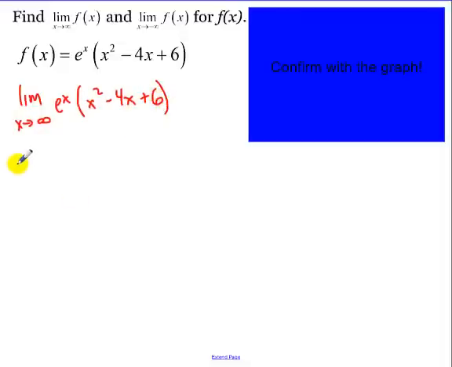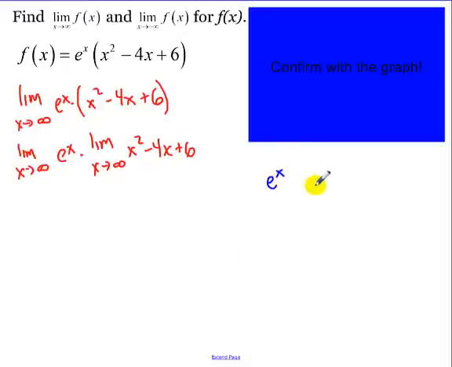Now use limit laws to justify this. As I go to infinity of e to the x, since it's a product of two functions, I can separate my limit out into two products.